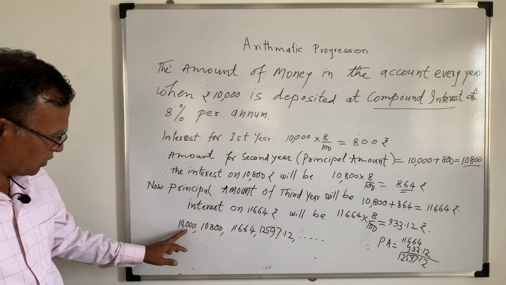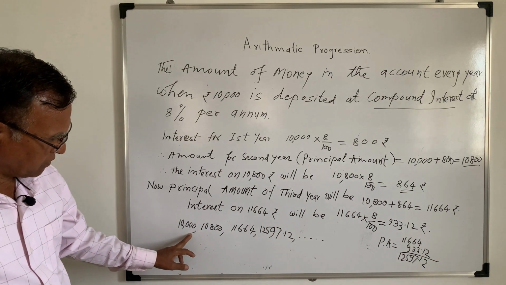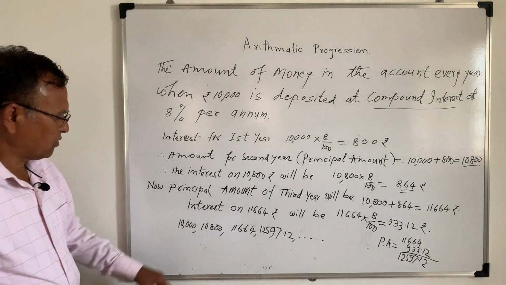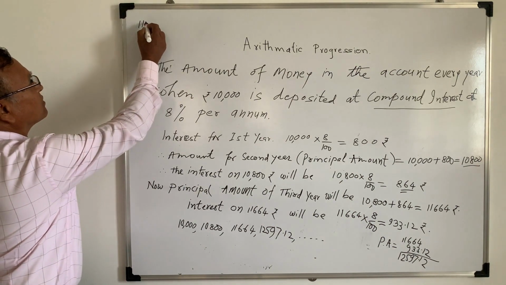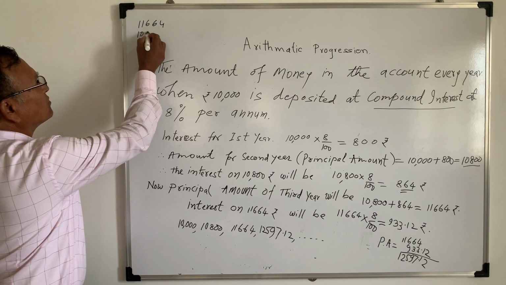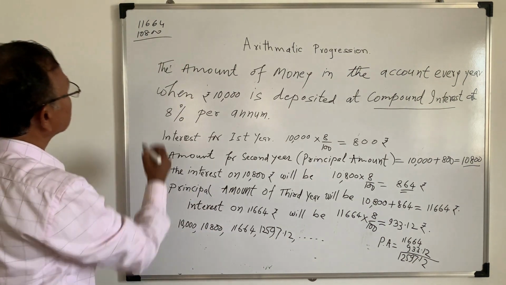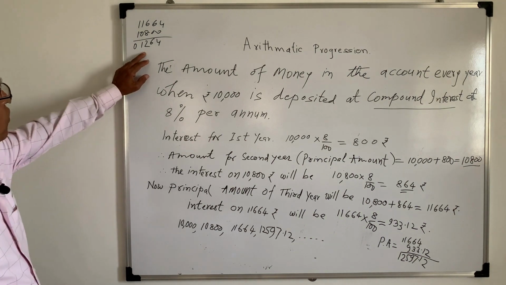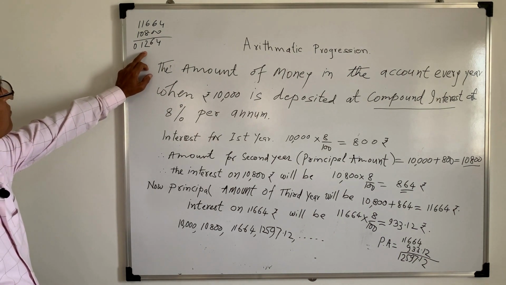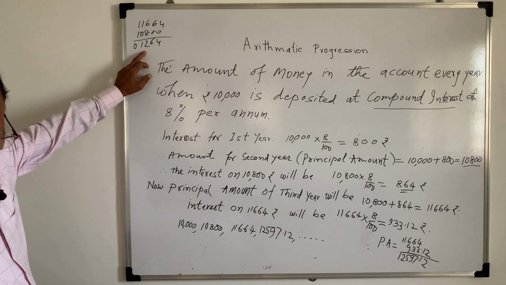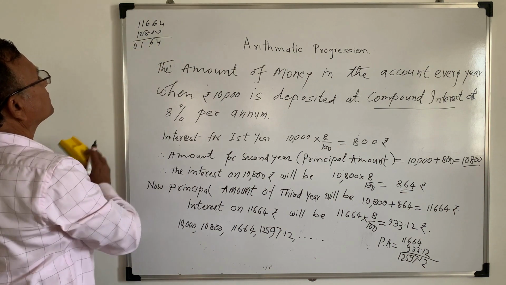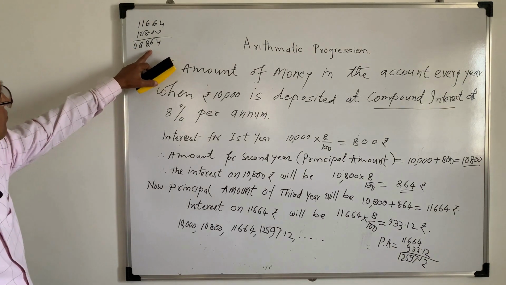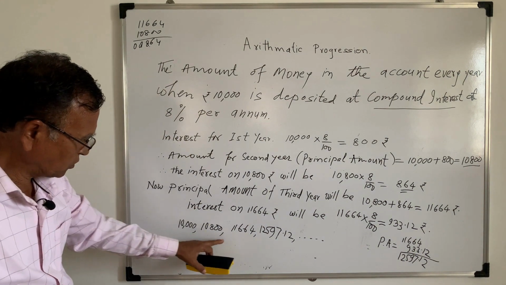So here the difference between the first and second term is 800, whereas the difference between the third and second term is 864, so the common difference between these two pairs is not the same.